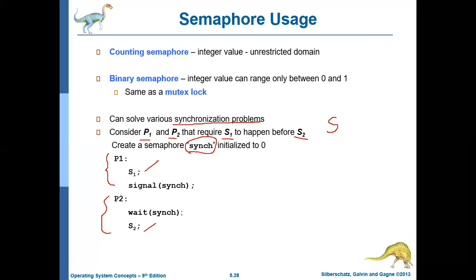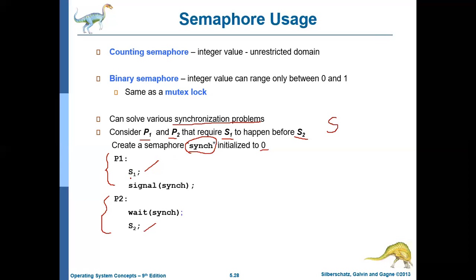Okay, so here the semaphore name is sync and it is initialized to 0. Okay, so what it will do: once S1 is completed, P1 will send signal of sync.